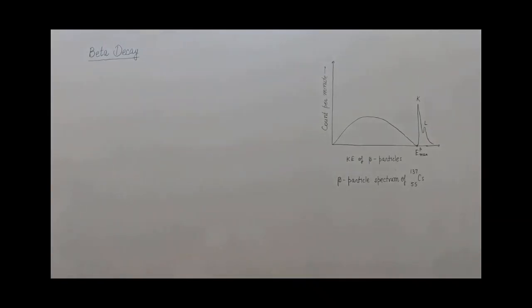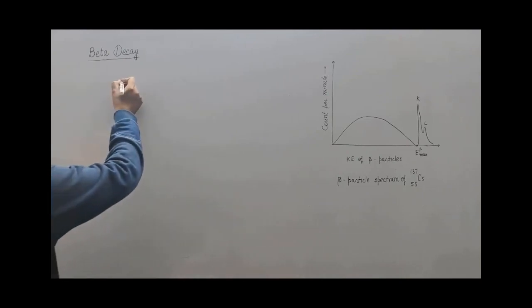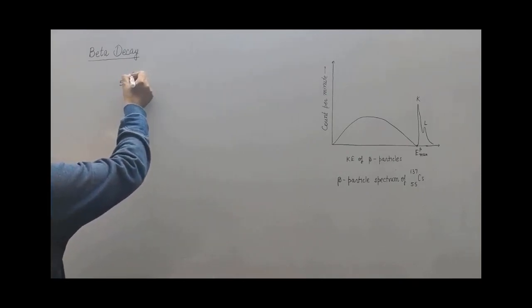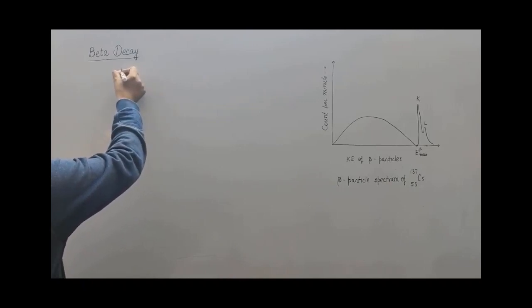One of the common examples of beta decay is the decay of 55Cs137. We are taking this as an example of beta decay.